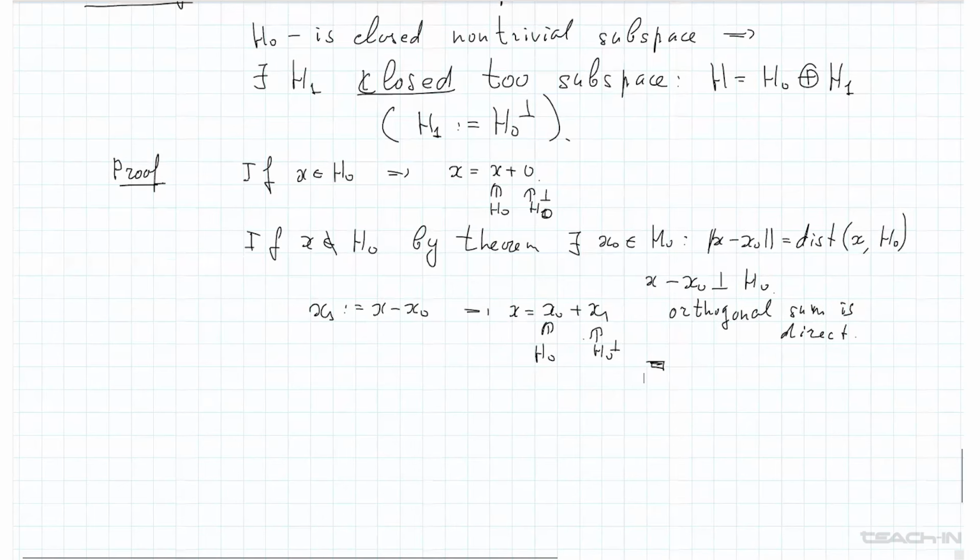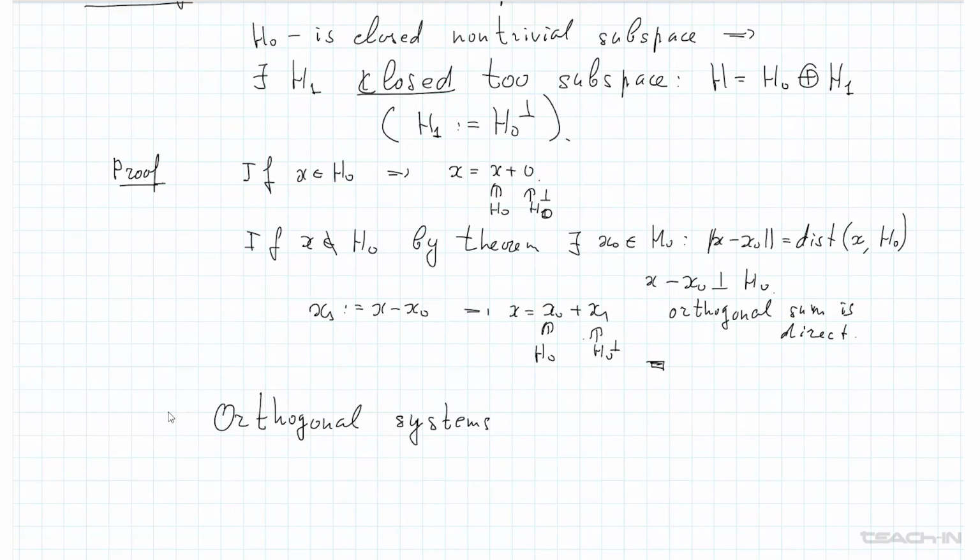So go to the basis. Orthogonal systems, next topic. Orthogonal systems in Euclidean and Hilbert spaces. Of course, more important for us is the Hilbert situation.